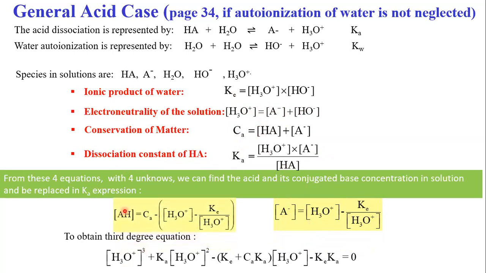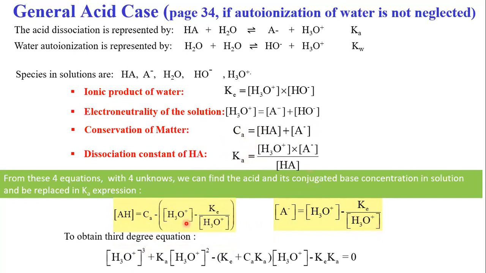Then I get HA from the conservation of elements. HA will be Ca minus A-, and we have A- in this form, so we're done. Now I have HA and I have A-, so I substitute them into my Ka expression. HA is only in terms of the initial concentration of the acid, and A- is only in terms of H3O+.